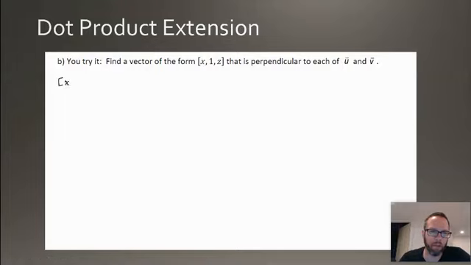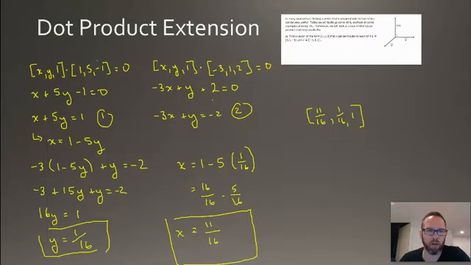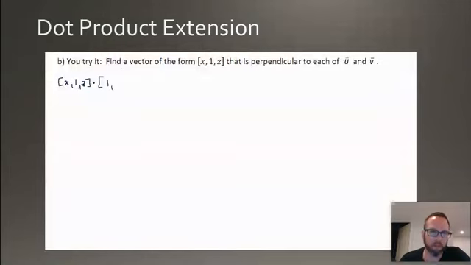Whatever our vector is, x, 1, z dotted with u, which, just got to double check, was 1, 5, negative 1, has to equal 0. That gives us an equation: x plus 5 minus z equals 0, so x minus z equals negative 5. There's our first equation.